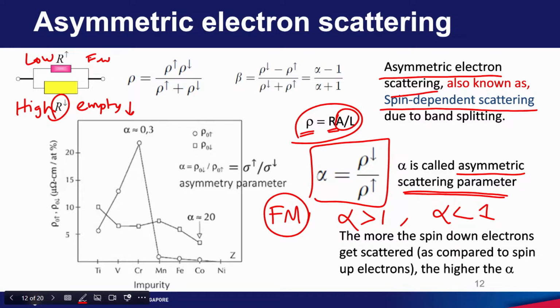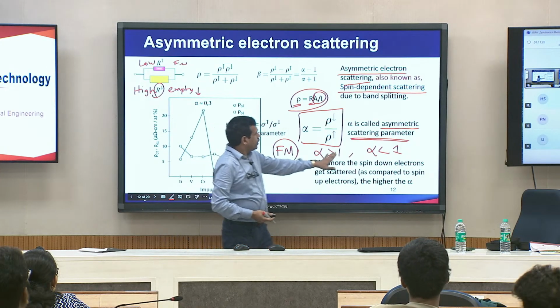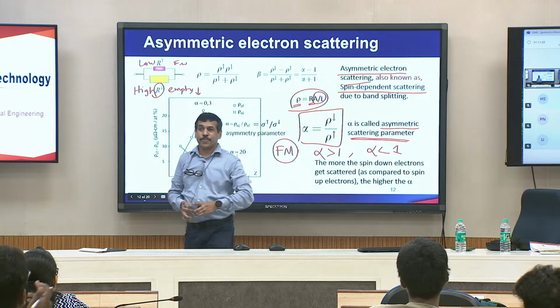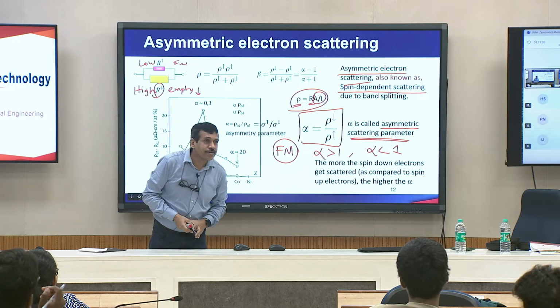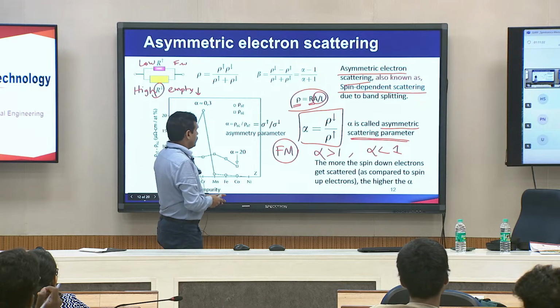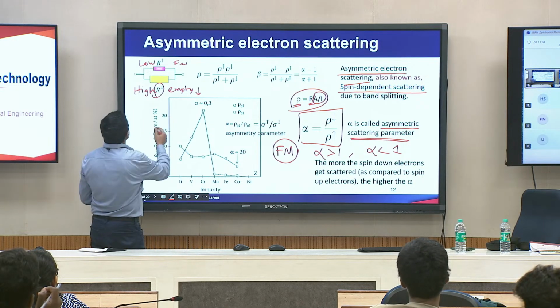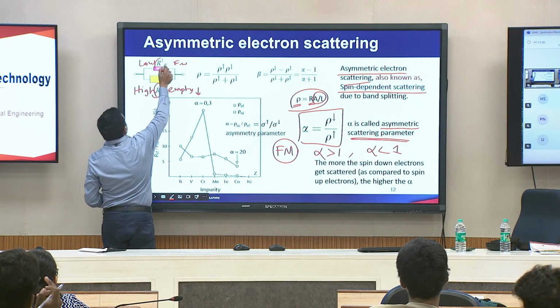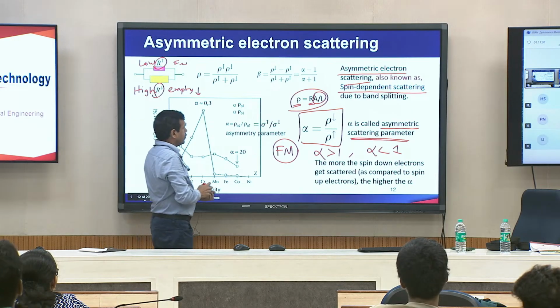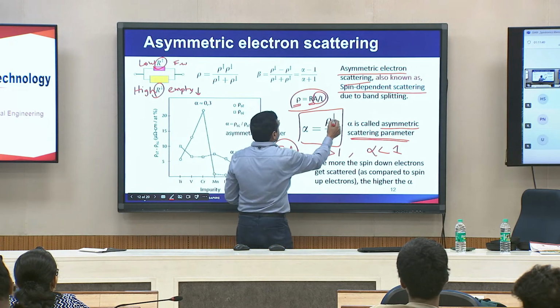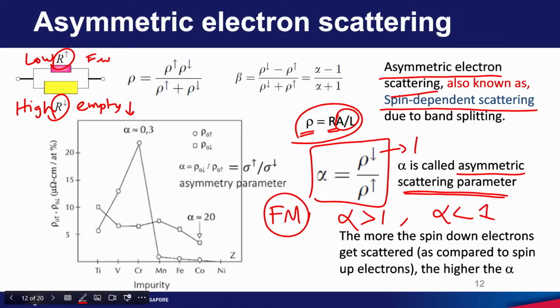More than 1, okay. Because in ferromagnetic material we learnt that rho up is low and rho down is high, so we have a high numerator and lower denominator. So, for ferromagnetic material alpha will be more than 1.